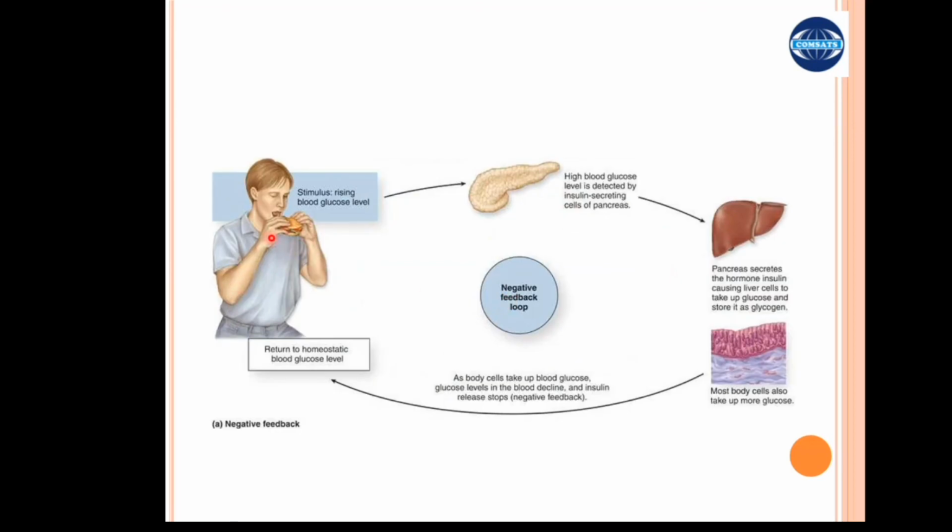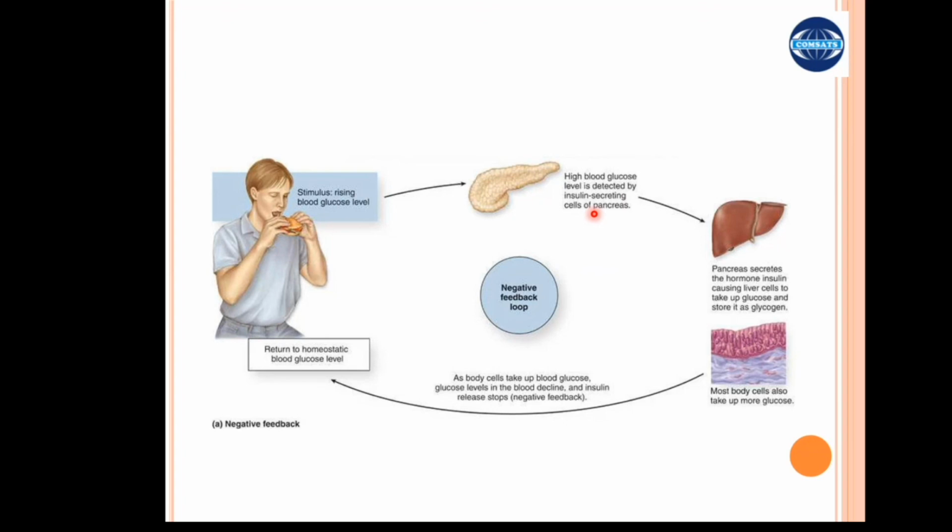Secondly, if we talk about blood sugar levels, what is the stimulus? Rising blood glucose level by eating food, high carb food, and high sugar foods. So what happens is that the pancreas has specific cells, the insulin secreting cells, right?